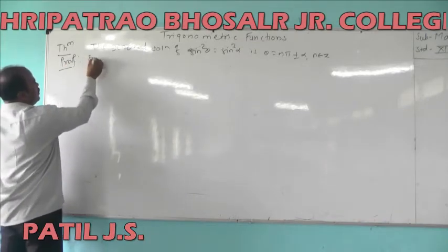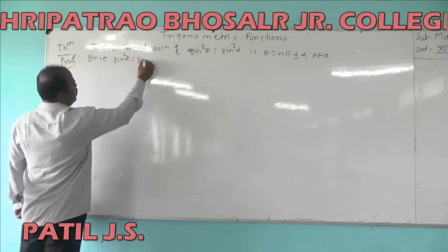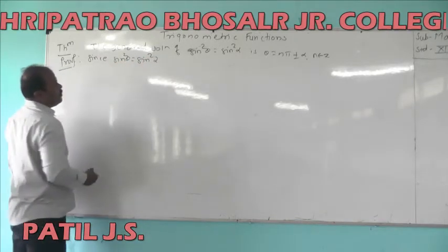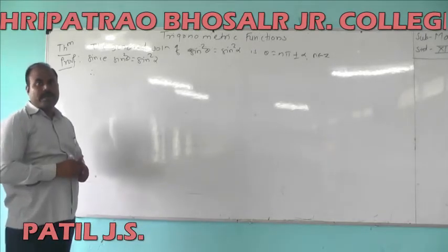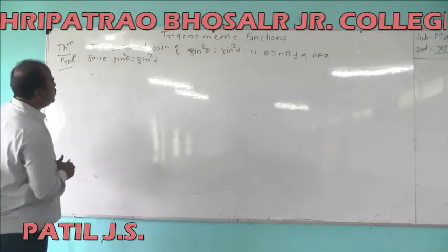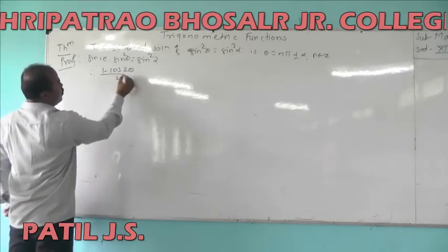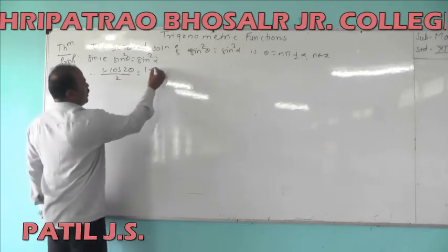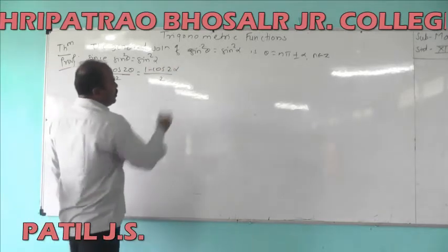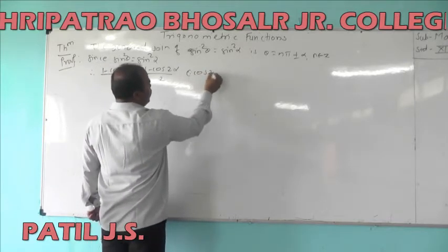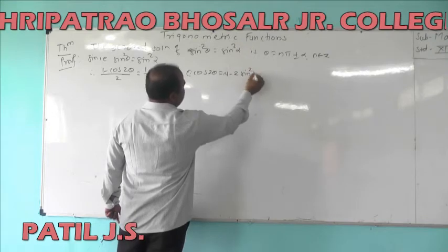Since sin square theta is equal to sin square alpha, we know that cos 2 theta is equal to 1 minus 2 sin square theta. Using this formula, 1 minus cos 2 theta upon 2 is equal to 1 minus cos 2 alpha upon 2.